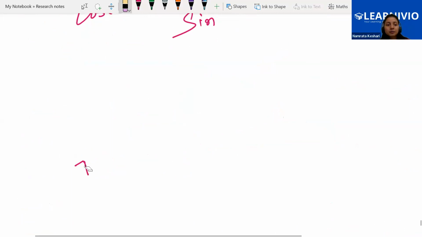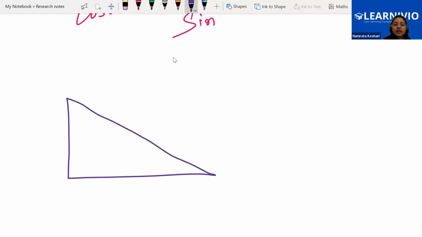Let's discuss it at first and then we will get back to our trigonometric ratios. Let me draw a few triangles, and tell me which one is the opposite side, which one is the adjacent side, and which one is the hypotenuse. A, B, C. B is 90 degrees, angle C is theta. With reference to angle theta, which one is the opposite side?